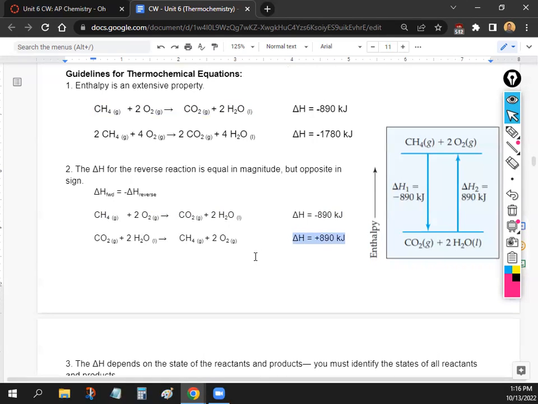So the difference here is that in this reaction, you're going to release energy, so energy is a product. But if you want to reverse the reaction, you need to put energy into these molecules to make it go backwards, okay? That's what it means by being reversible, okay? And so if you guys notice, it's negative 890, positive 890. And that tells you which side of the equation it's going to be.